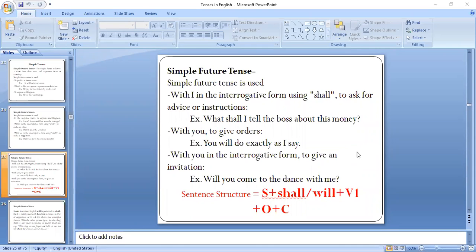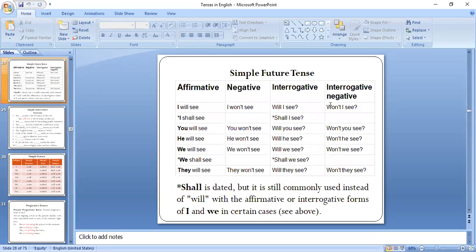So will is used for you, he, she, it, and they, and shall is only used for I and we. Okay, so this is the difference. The sentence structure that we have seen for the simple future tense is subject plus shall or will plus verb plus object. Okay, so this is the sentence structure.